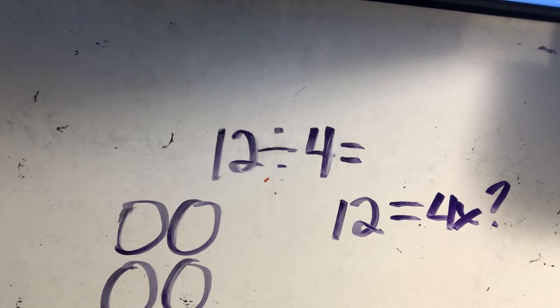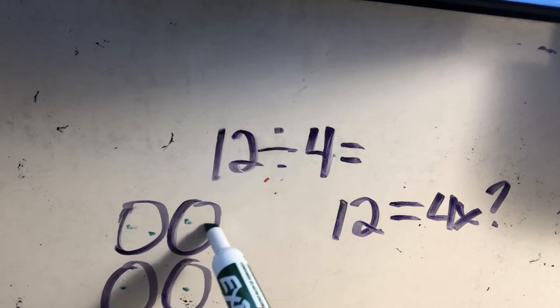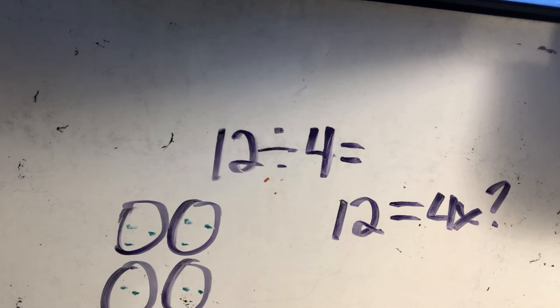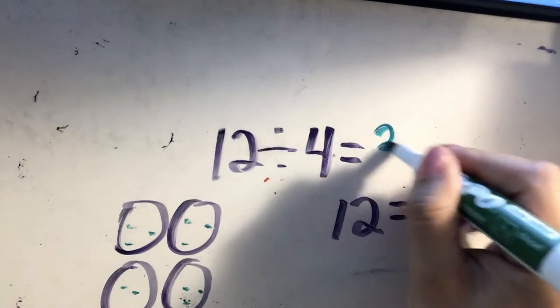If you want, pause the video, because I'm going to give the answer right now, and I don't want you to just jump to answers every single time. So let's make 12 spots. 1, 2, 3, 4, 5, 6, 7, 8, 9, 10, 11, 12. So we know that there are 3 spots in every circle. Let's double check that. Is 4 times 3, 12? Yep. Okay, so our answer is going to be 3.